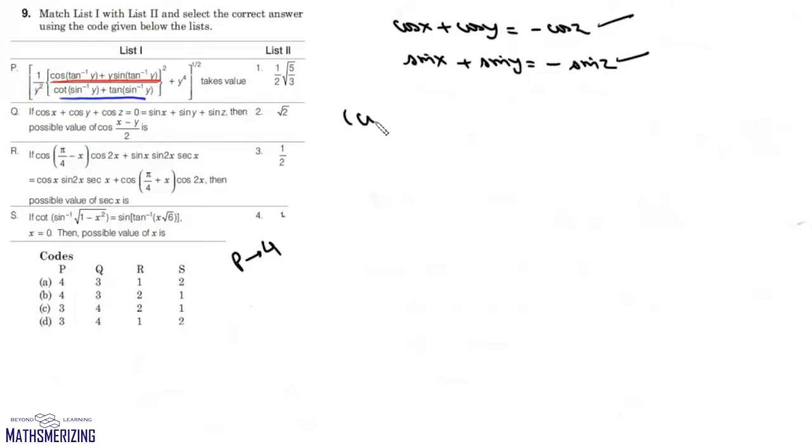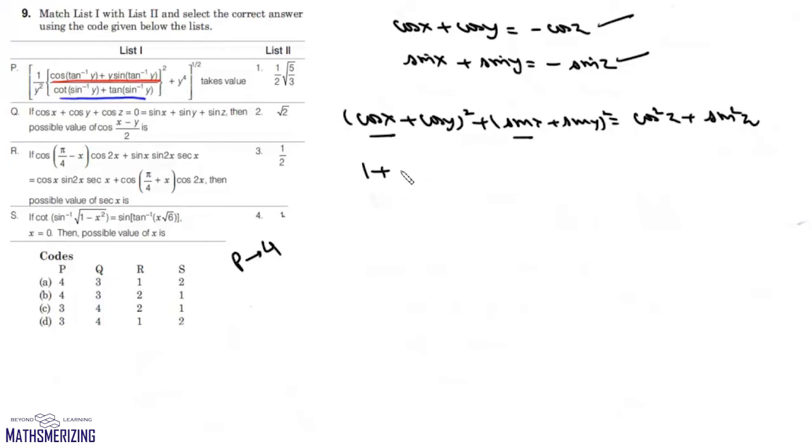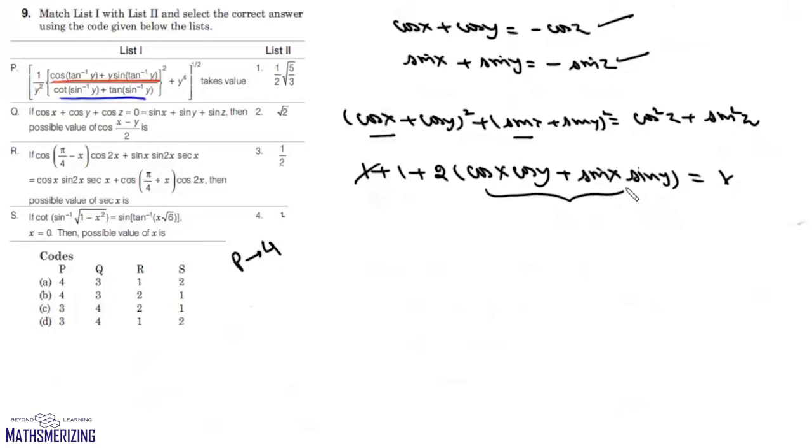So we write (cos x plus cos y) whole square plus (sin x plus sin y) whole square, which equals cos square z plus sin square z. Now cos square x plus sin square x will be 1. In the same way, cos square y plus sin square y will be 1, plus 2 times (cos x cos y plus sin x sin y), and this value will be 1. So this 1 and 1 will cancel.